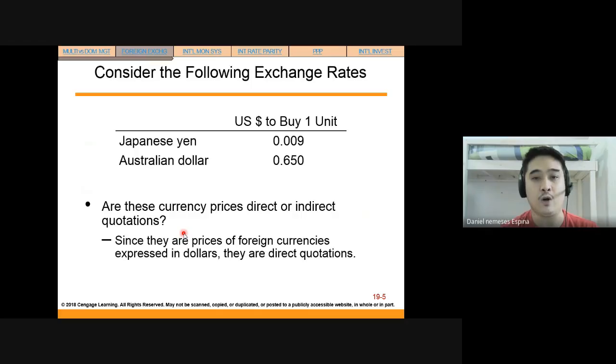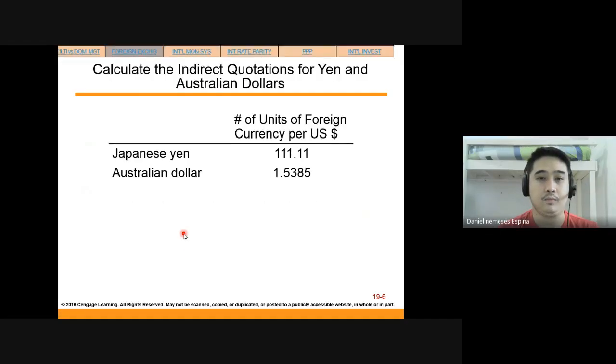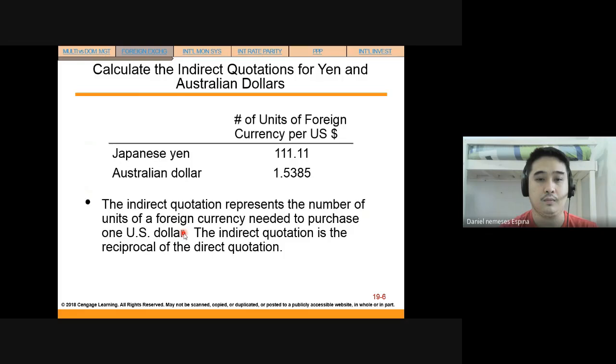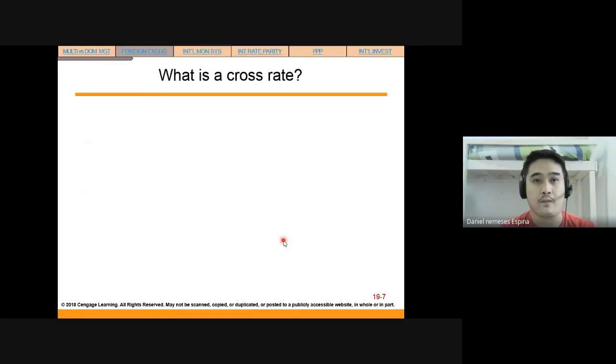Let's say one Japanese yen is equivalent to how many dollars, or one Australian dollar is equivalent to how many US dollars. The indirect quotation is also known as the reciprocal of the direct quotation.